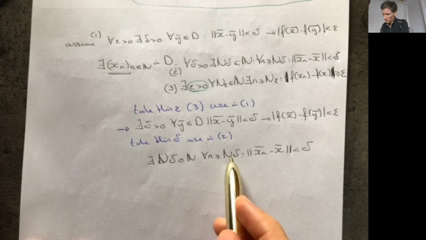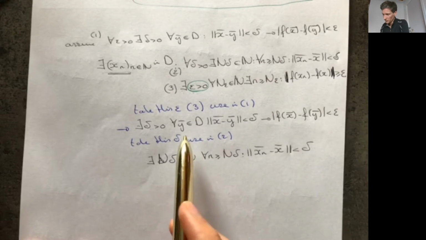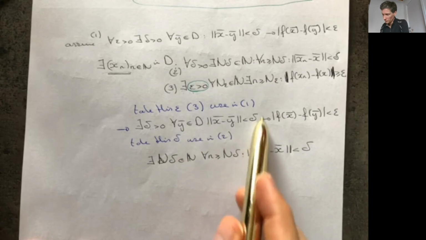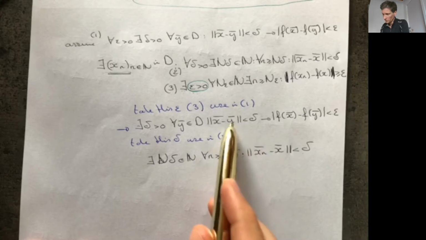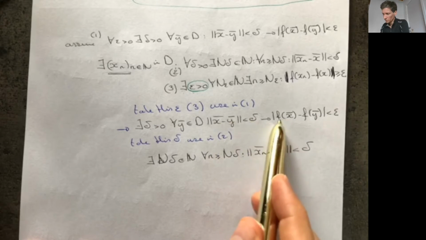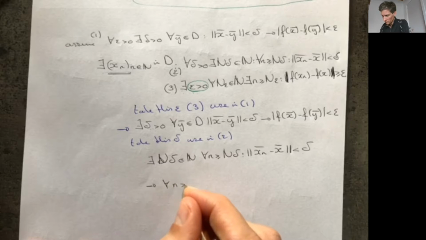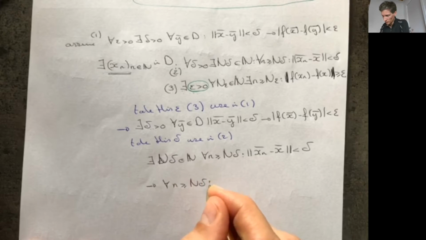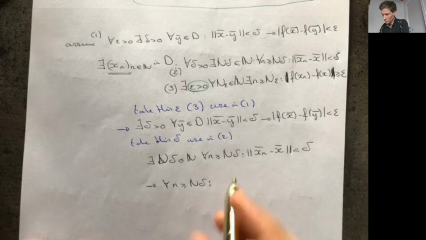So for all n greater than n_delta, |xn minus x| is smaller than delta, and we know that if this is true, if we use here xn instead of y, then |x minus xn| is smaller than delta, so it should follow from this that for all n greater or equal to n_delta, it satisfies this condition.